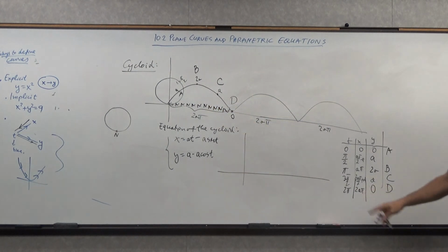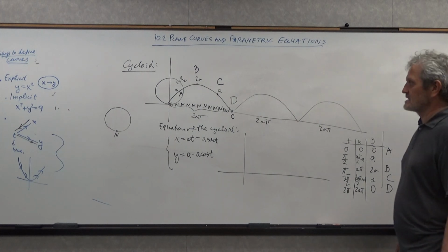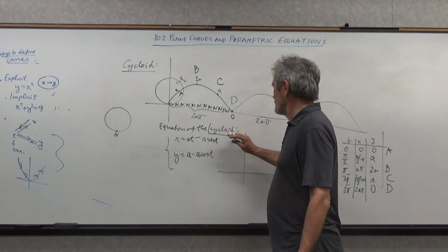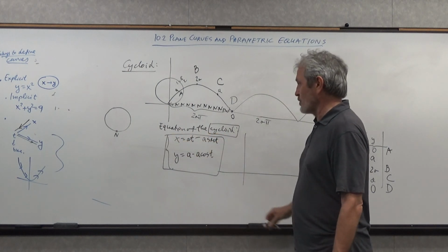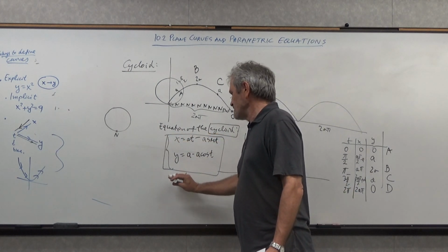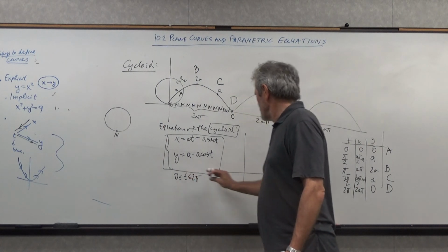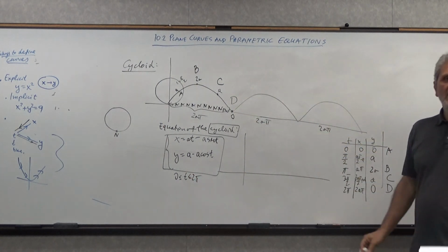So that's why on x coordinate we get circumference of the circle, and then y coordinate kind of fluctuates up and down. So this is another interesting example. So that's called cycloid, and then here's the equation of a cycloid. Let's say if you want one cycle, then it would be 0 to 2 pi. That would cover one cycle of the cycloid.